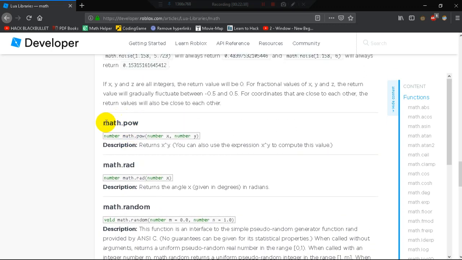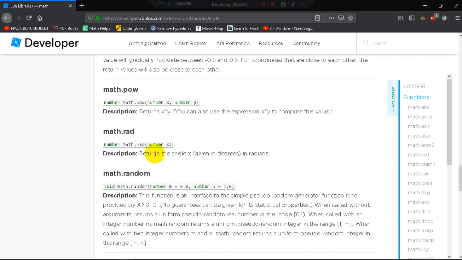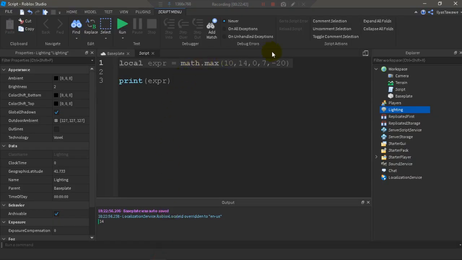And math.pow. Okay, let's see what math.pow does. It just returns the power of a number. Math.pow, for example, 2 to the power of 3. Well, 2 multiplied by 2 is 4, and 4 multiplied by 2 is 8.